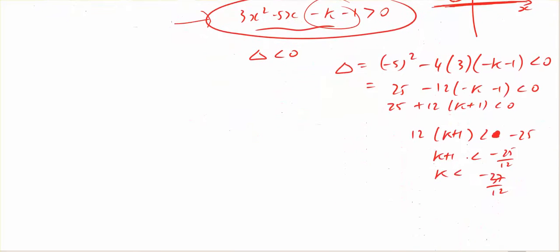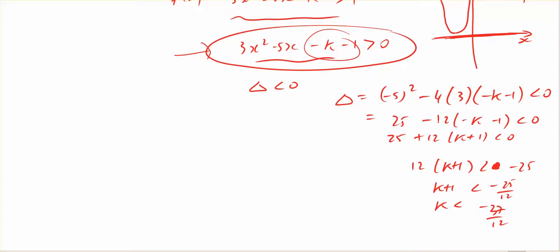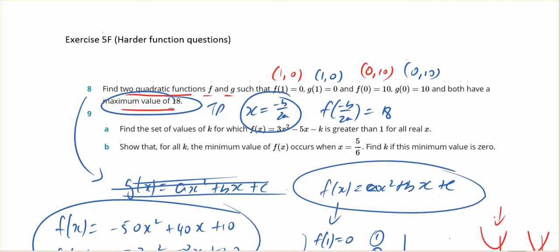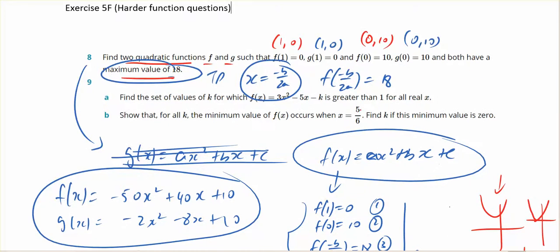So you need to find the discriminant when it is less than 0, and then solve for the k value. Okay, show that for all k, the minimum value occurs at 5 on 6.